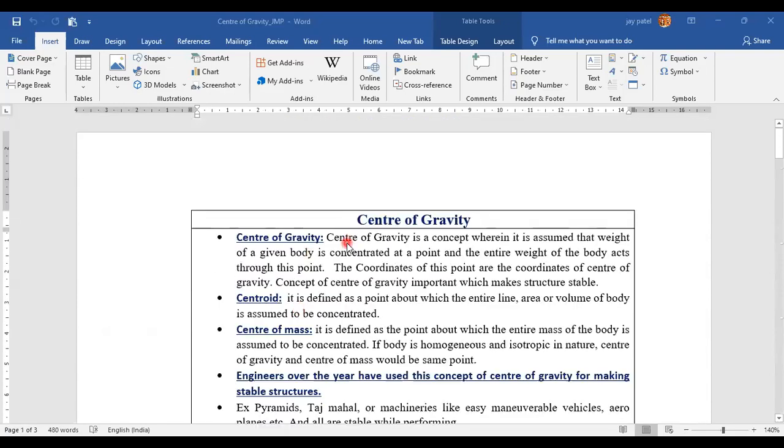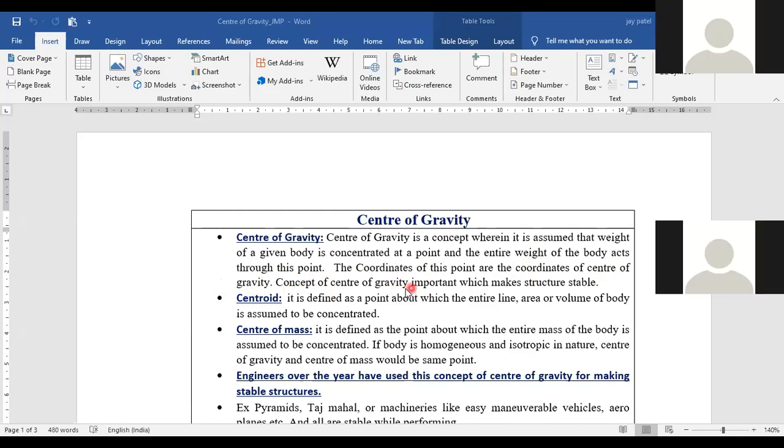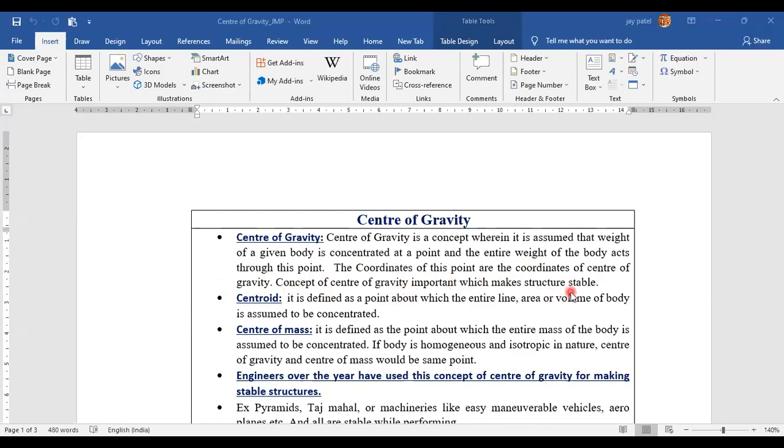So what is center of gravity? Center of gravity is a concept wherein it is assumed that the weight of a given body is concentrated at a point and the entire weight of the body acts through this point. The coordinates of this point are the coordinates of the center of gravity, and the concept of center of gravity is important, which makes a structure stable.